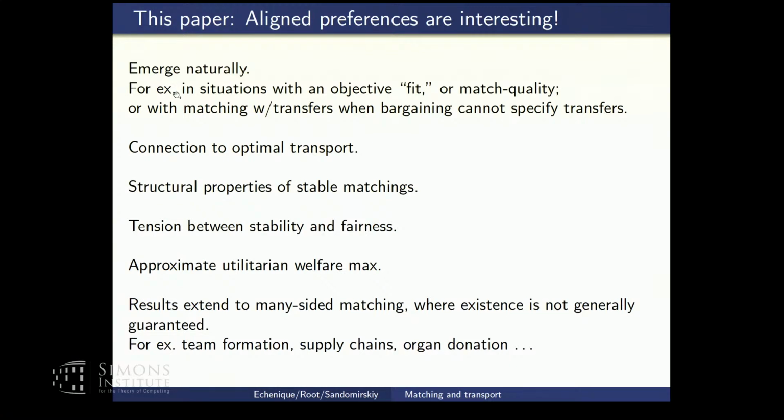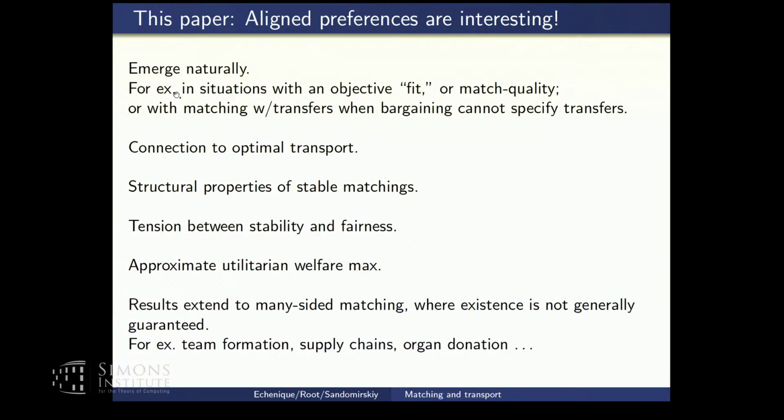It could be, for example, something like organ donations. You care about how good a fit this donor is for this patient. Then there is this objective notion that is driving the preferences.